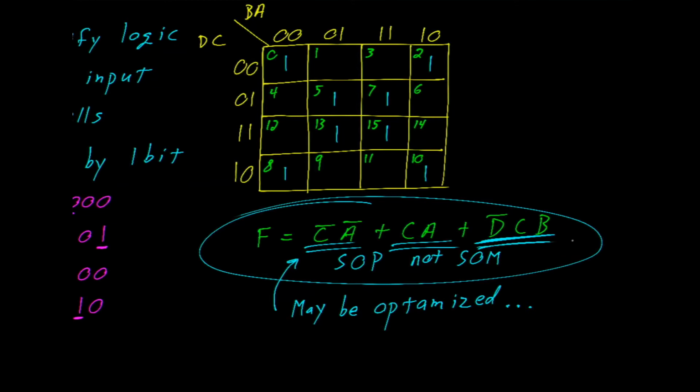This last term is in the D' C row and the B column, which equates to minterms 7 and 6. 7 was previously selected, so we can add a 1 here to minterm 6.